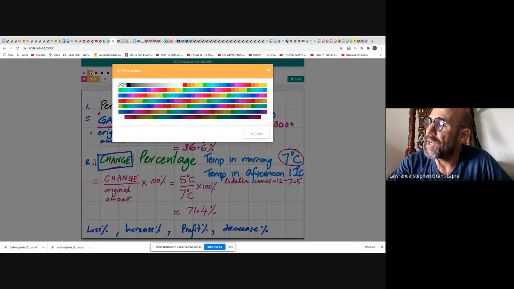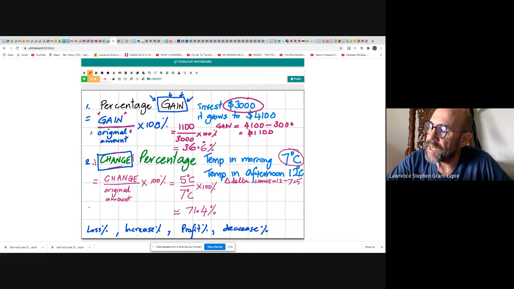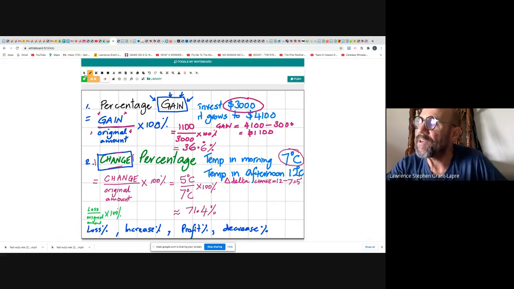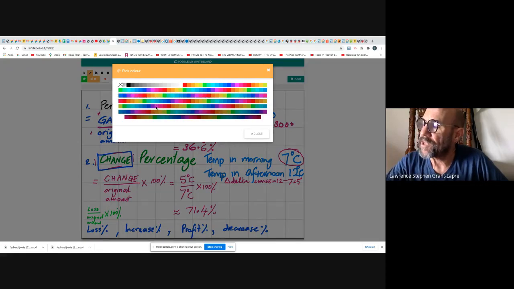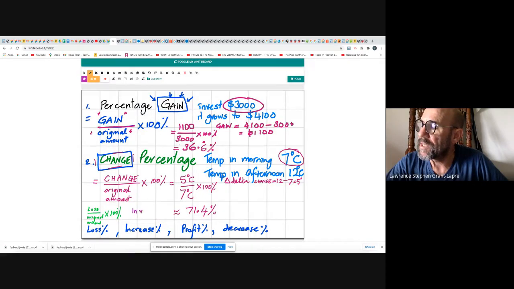And just at the bottom of the screen, let's do a few formulas. What's the formula for loss percentage? It's loss divided by original amount, times by 100%. What's the formula for increase percentage? That's right, it's the increase divided by original amount, the amount it was before the increase, times 100%.